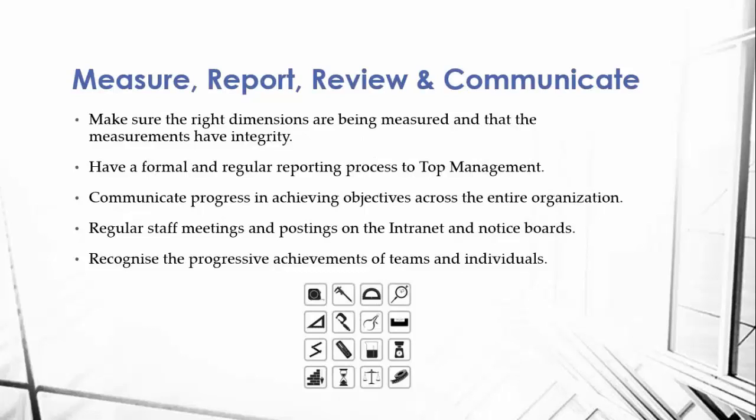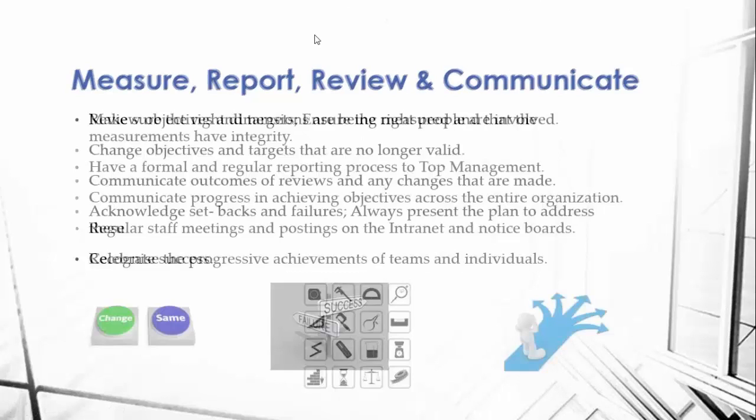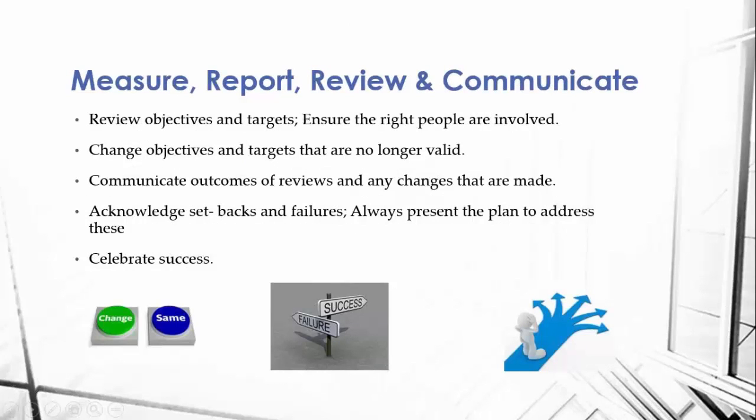And recognising people who have contributed to achievement of objectives, because good news spreads quickly. And reviewing them, making sure the right people are involved in the review. And if the objectives and targets need changing, change them.